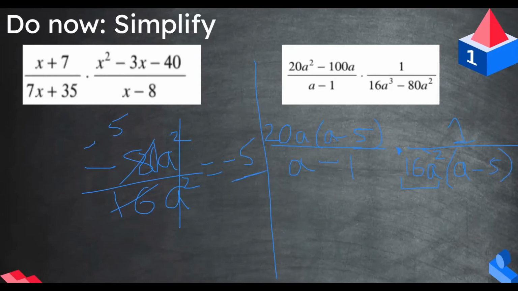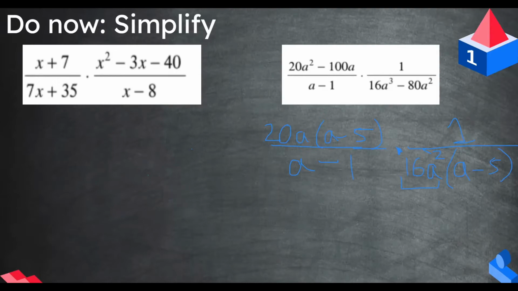Okay, so now that we are done factoring the top and the bottom for both of the fractions, we are supposed to, you guessed it right, figure out the common factors, okay? So what are the common factors?